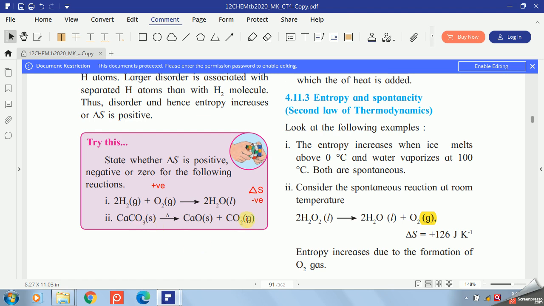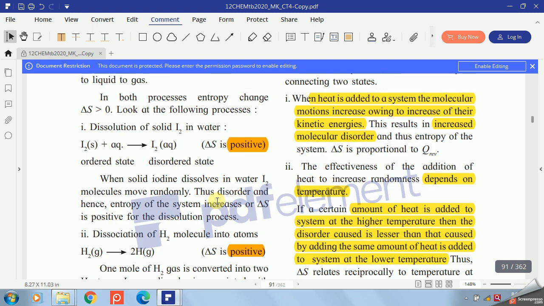Remember that because of this carbon dioxide gas, the entropy of the product, the final state, increases compared to the reactant. So the change, final minus initial, is positive. For the second reaction delta S is positive, but for the first reaction delta S is negative. So this is about entropy.